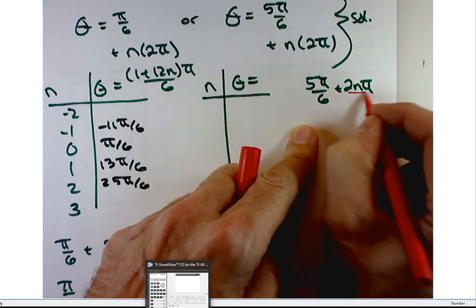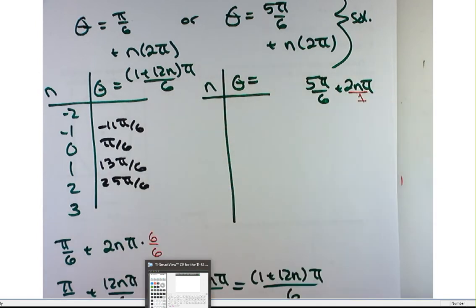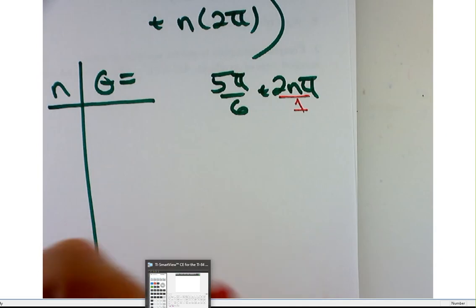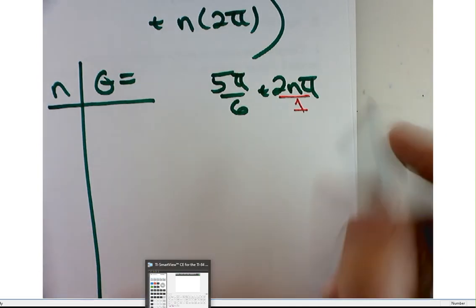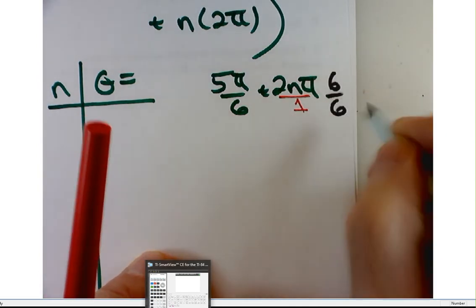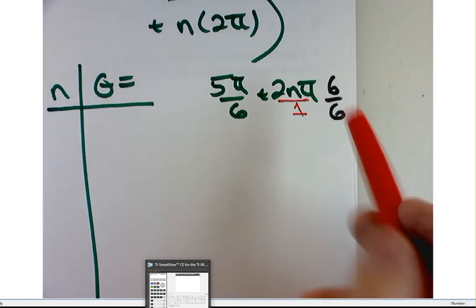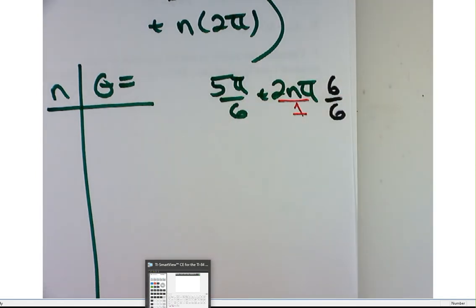Right now, it's not written, but it's understood that the denominator here is 1. So to get a common denominator, I'm going to multiply by 6 over 6. Because multiplying by 6 over 6 is like multiplying by 1. It's not going to change the value of the expression, but it'll help me rewrite it in an equivalent way.